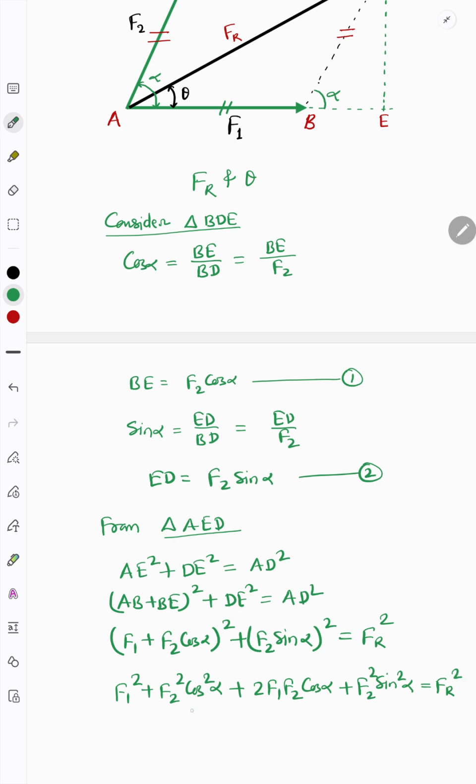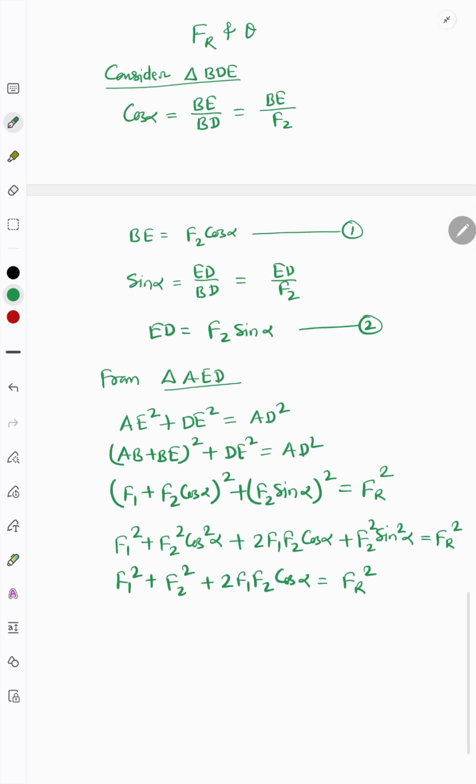Next, in these two terms, F2 square cos square alpha and F2 square sin square alpha, F2 square is common. So here we can write F1 square plus F2 square plus 2 F1 F2 cos alpha is equal to FR square. Our intention is to find FR.